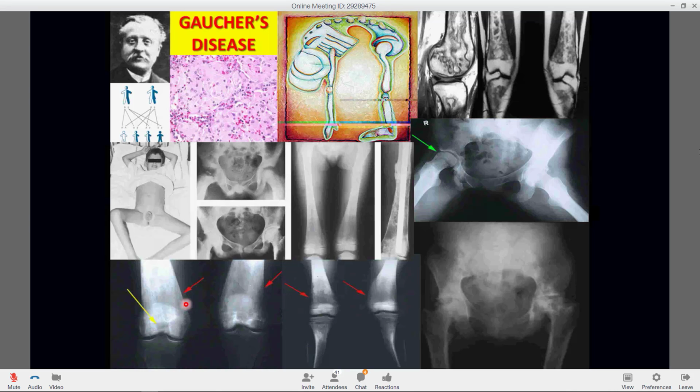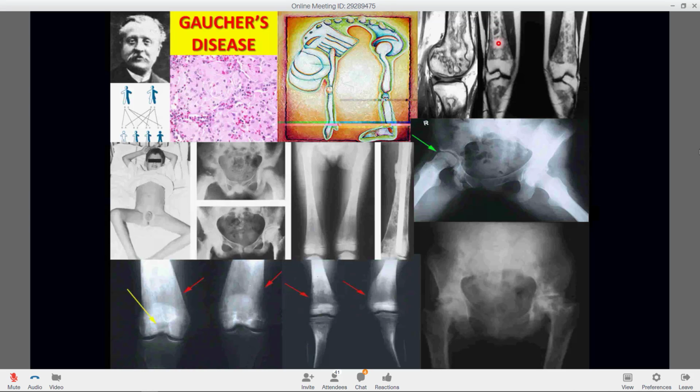You can see the expansion here of the distal femur, giving the appearance of an Erlenmeyer flask. The head of the femur shows marked osteonecrosis and flattening with sclerotic change.